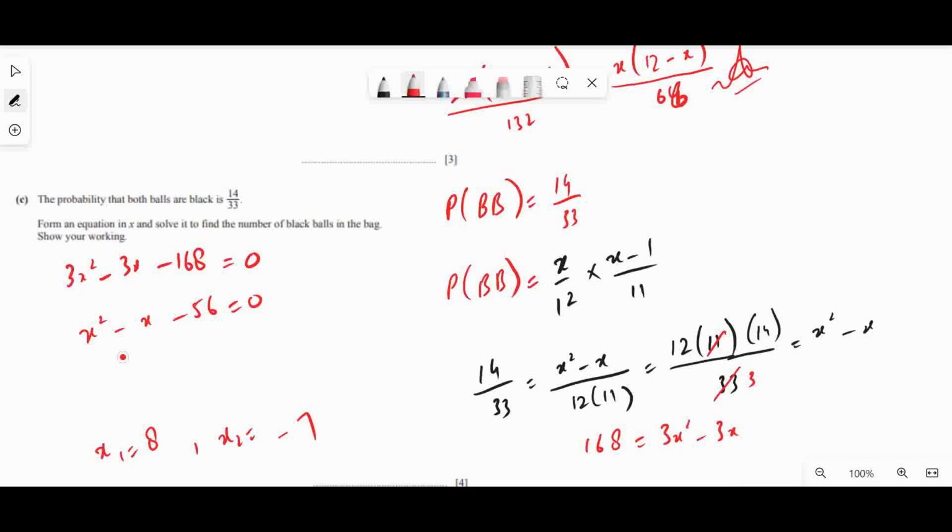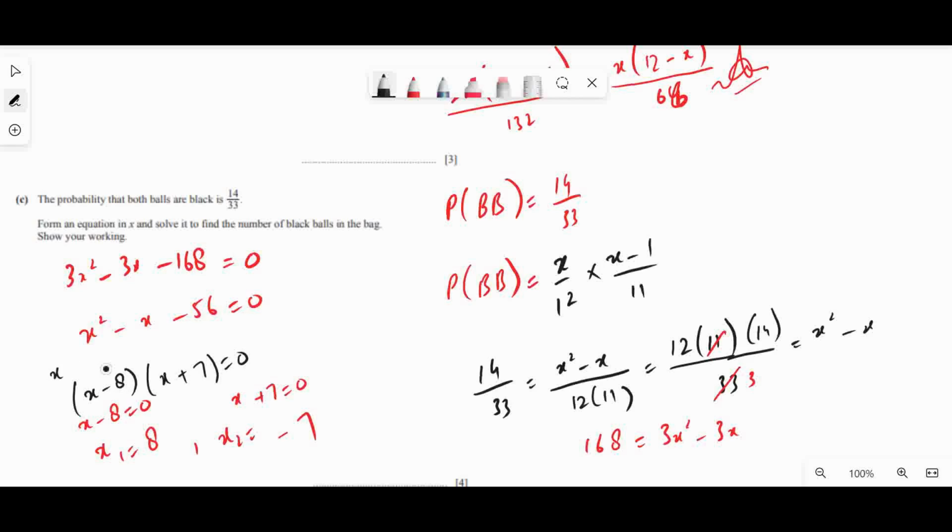We can use the quadratic formula also, and we can also use reverse engineering. So x minus 8 is equal to 0 and x plus 7 is equal to 0. We can write it further as (x minus 8) into (x plus 7) is equal to 0.